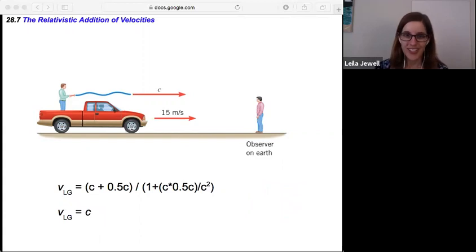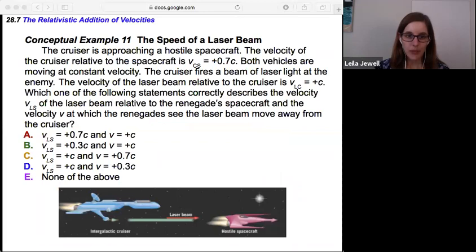All right, so now let's take this to an example. So conceptual example, the speed of a laser beam. A cruiser, see this intergalactic cruiser down here, is approaching a hostile spacecraft. The velocity of the cruiser relative to the spacecraft is VCS equal to 0.7 c. Both vehicles are moving at constant velocity.